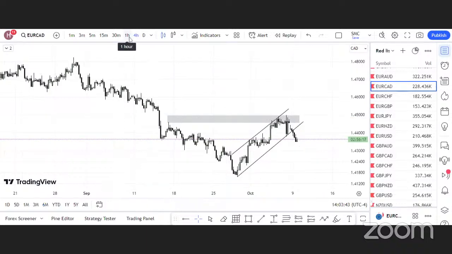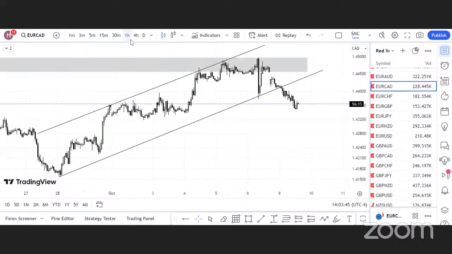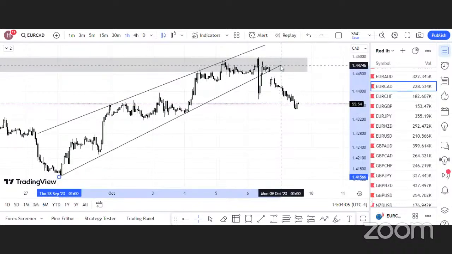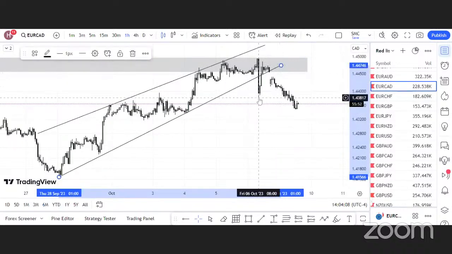So I want to go to the 1-hour time frame to get a better view of the market. Now I have the better view, and look what is happening. I drew this trend line because I have this point, this, and this. I could have made it look this way, but here I have this breakout.